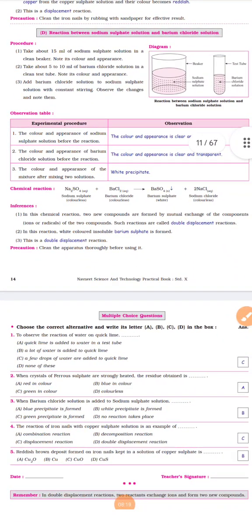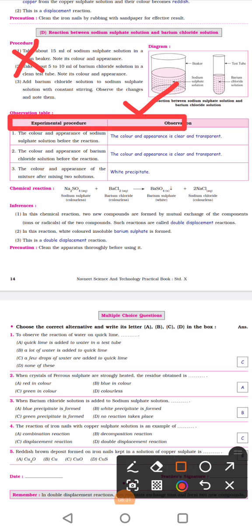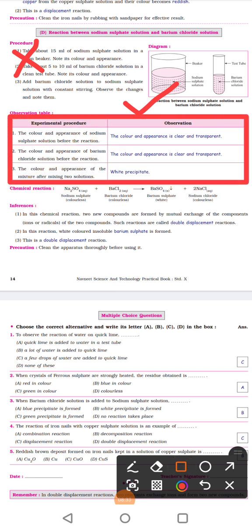Next, part D. No need to write the procedure. Drawing the diagram with labels is compulsory. The observation table is compulsory. Then the chemical reaction and inference, no precaution.